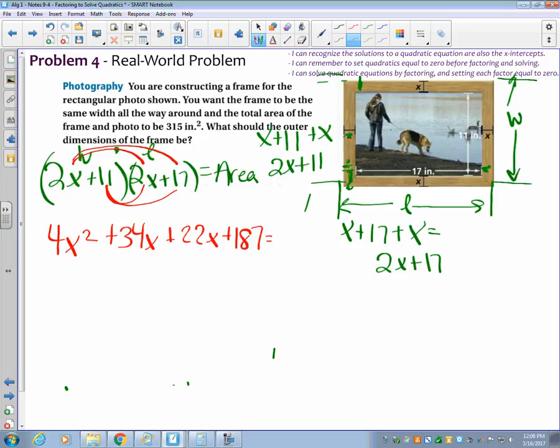Okay. We want the area of our frame to equal 315. So instead of equaling the word area, I'm going to say that it's equal to 315.